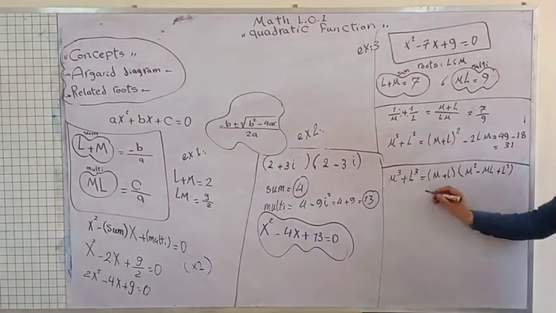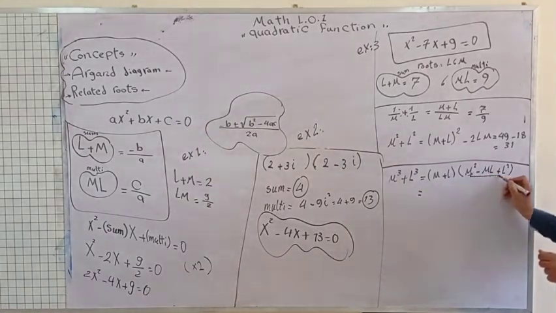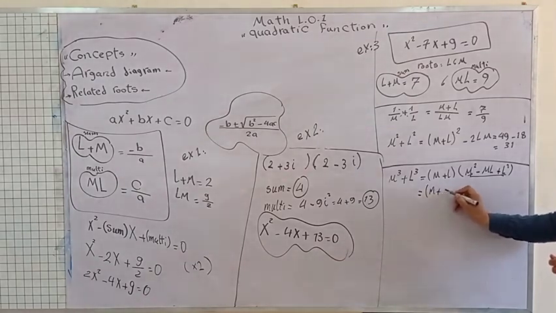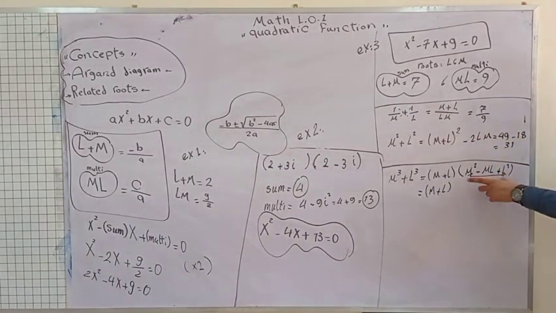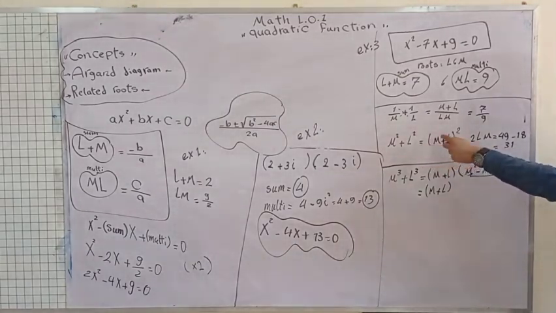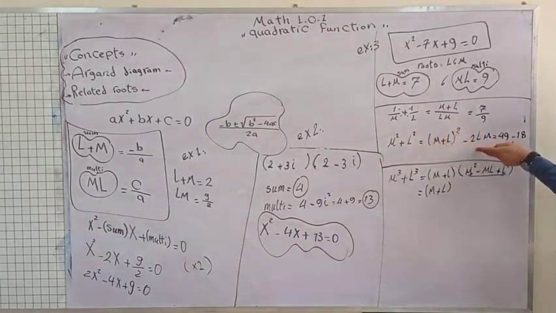Now, m square plus l square equals what? m plus l will be the same value. We have concluded that m square plus l square equals this value.